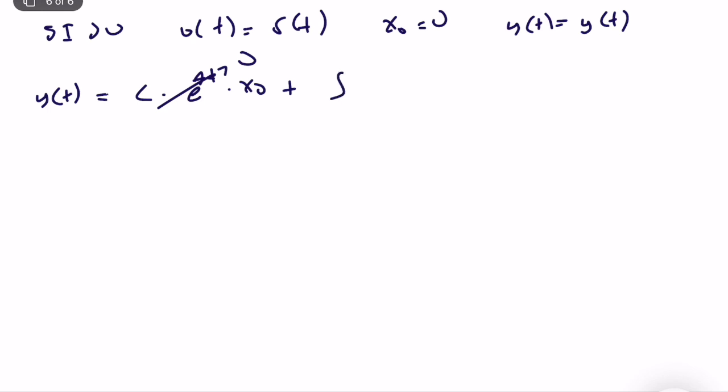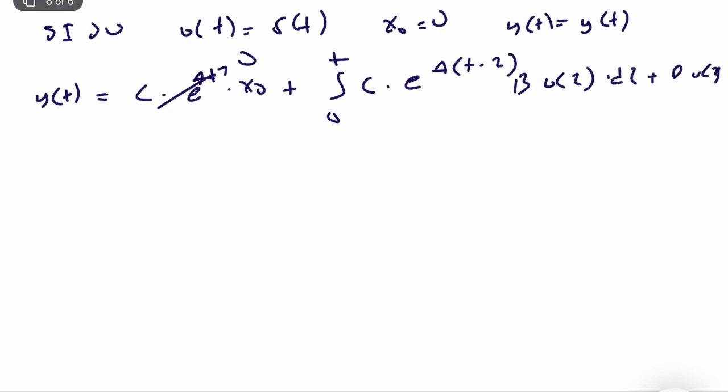It's equal to the integral from 0 to t of C times e to the power A(t minus tau) times B u(tau) d tau plus D times u. We know that u of tau is the impulse function. So what is the impulse? Impulse is technically 0 for any value different than 0, but its integral is equal to 1. So what we do is we simply pop out this part by setting tau equal to 0.